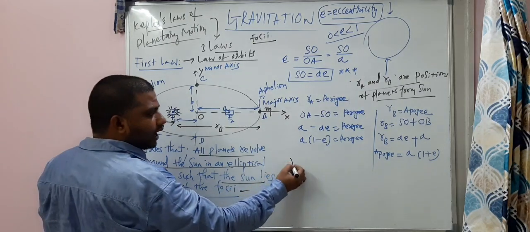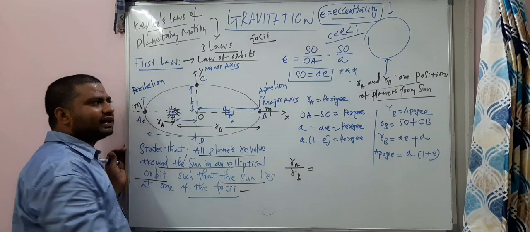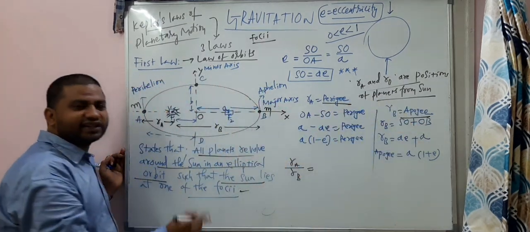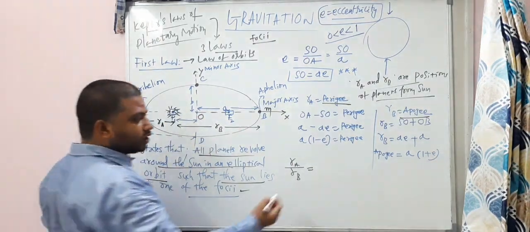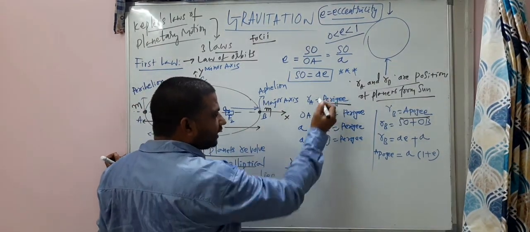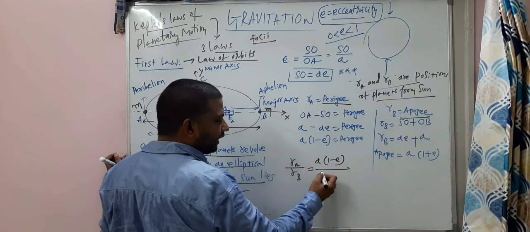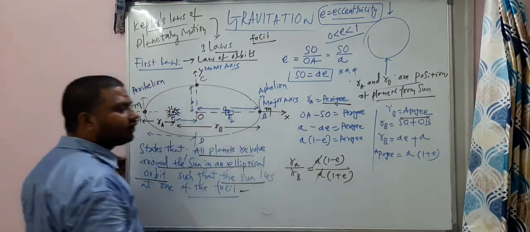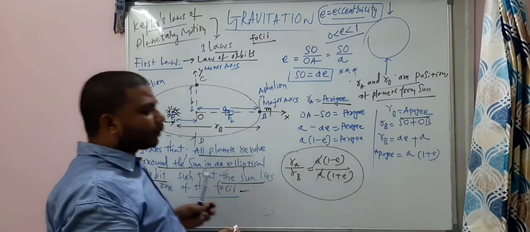And RA by RB. Sometimes the question can be asked like this: perigee distance by apogee distance. Both are the distances only, from here to here. So RA is the perigee, which is A into 1 minus E divided by A into 1 plus E. So 1 minus E by 1 plus E. That's the ratio of perigee to the apogee.